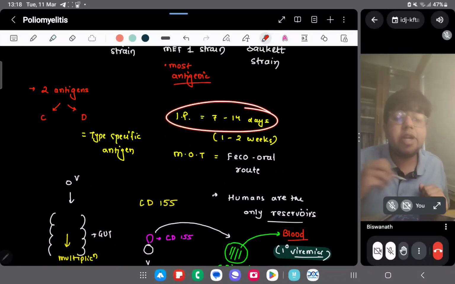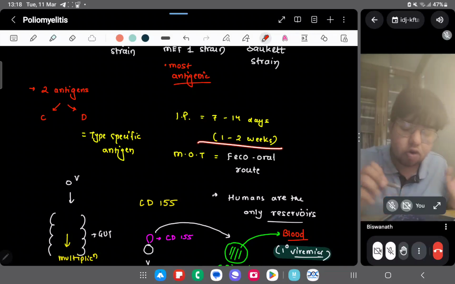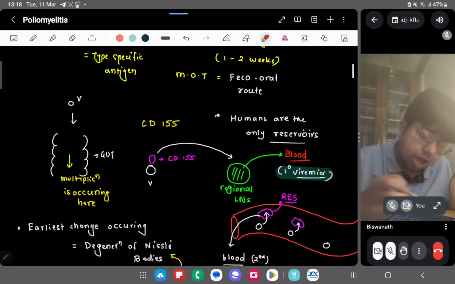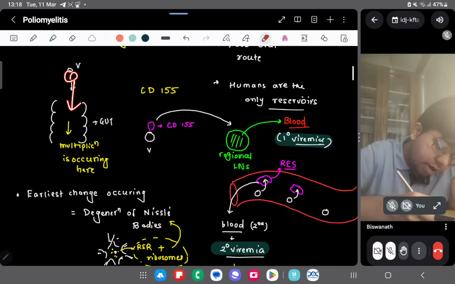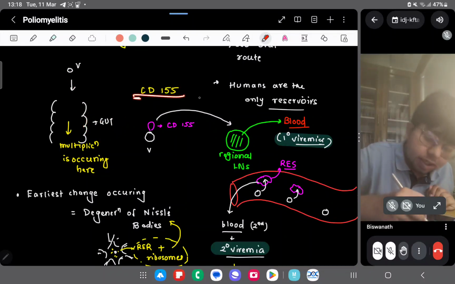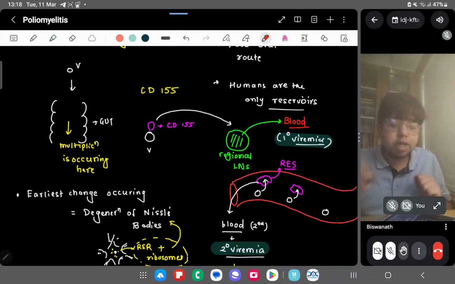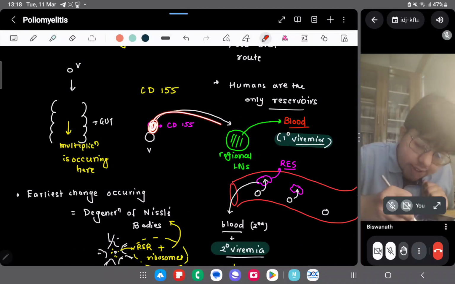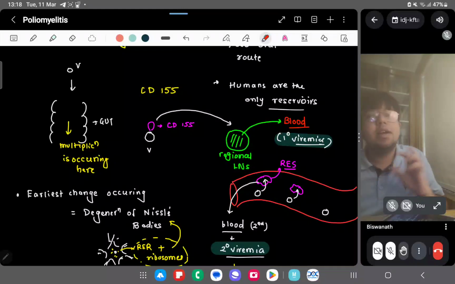And the incubation period is 7 to 14 days, 1 to 2 weeks. The method of transmission is the fecal-oral route, right? The viruses enter the gut, and multiplication occurs there. Via the CD155 marker, cluster of differentiation 155, it moves and enters the regional lymph node.